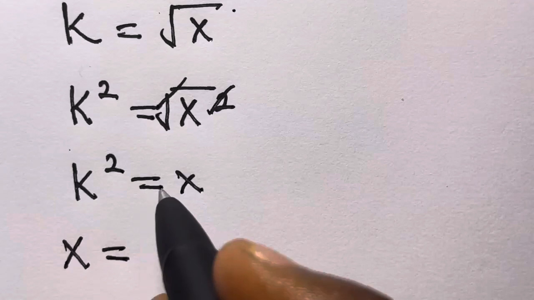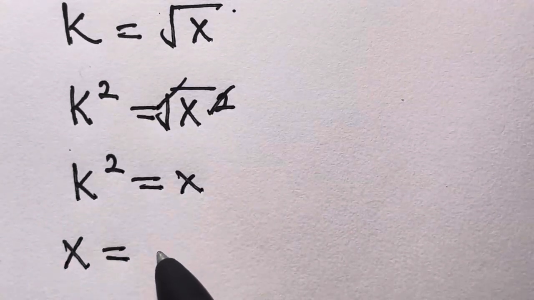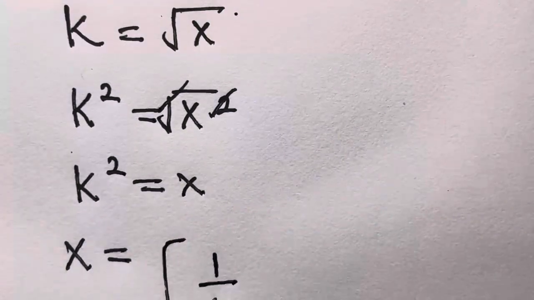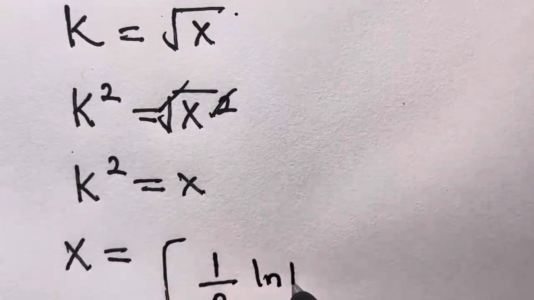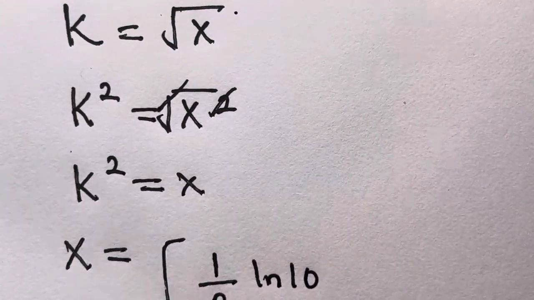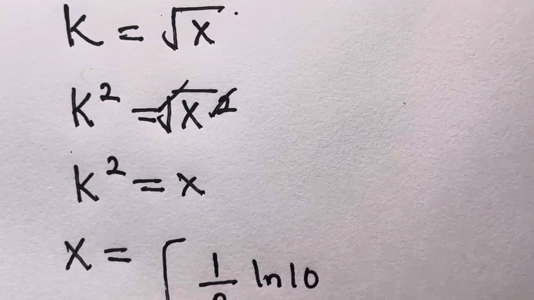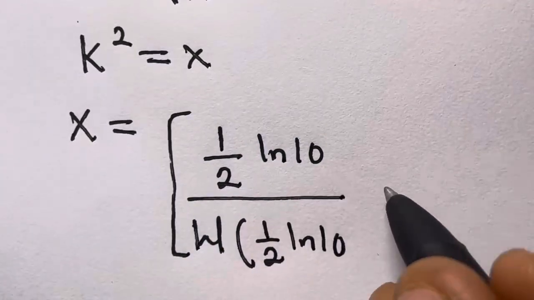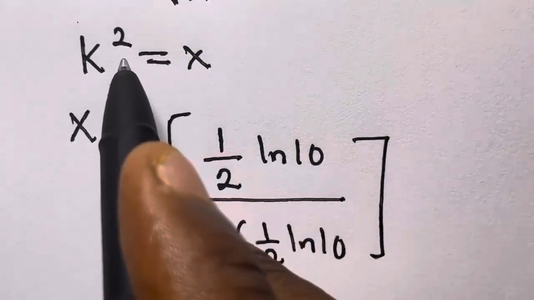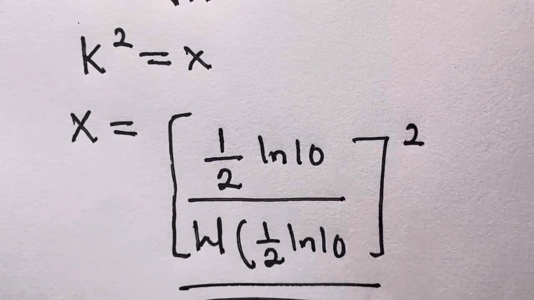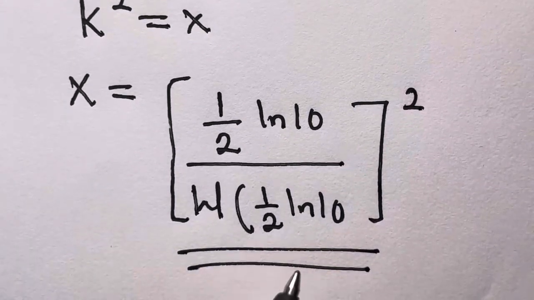Don't forget we've already gotten our k above, so k equals 1 divided by 2 ln 10, divided by the Lambert function of 1 divided by 2 ln 10. But what we got here is k square, so we have to put a square here. This is our final answer.